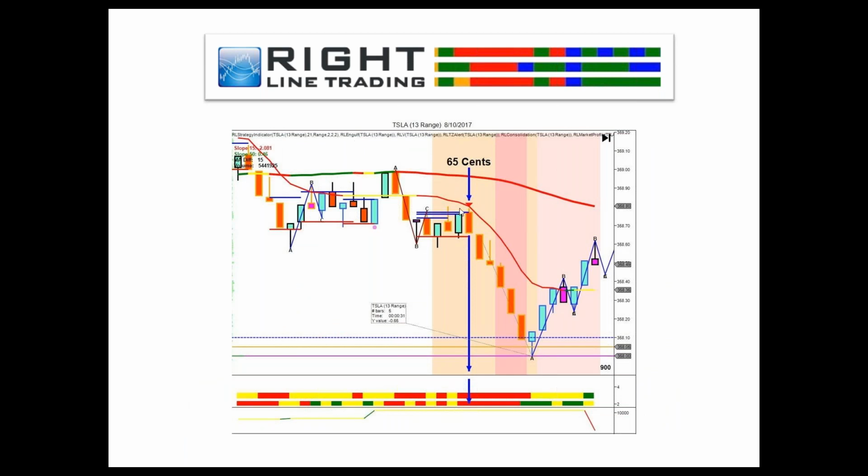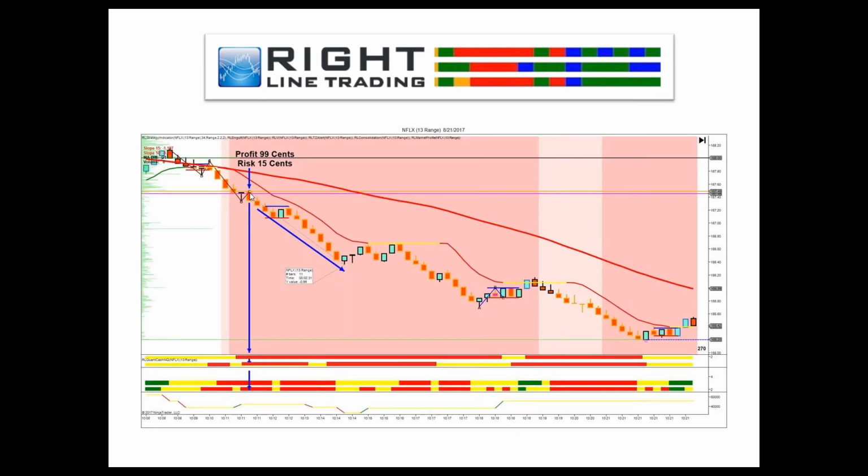And here's Tesla. 65 cents on 15 cents of risk. This is a C candle, offer resistance, 99 cents on 15 cents of risk. Quants, order flow, momentum. Cash metrics right here.